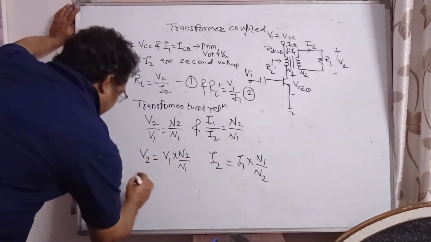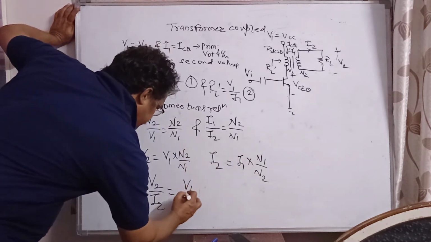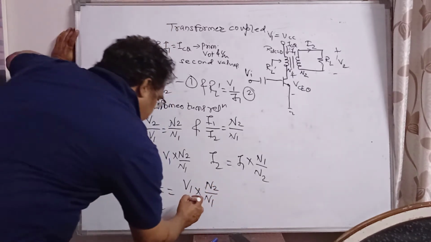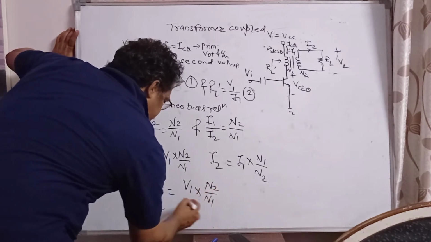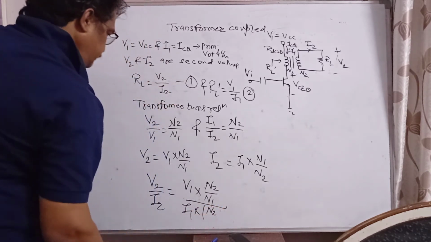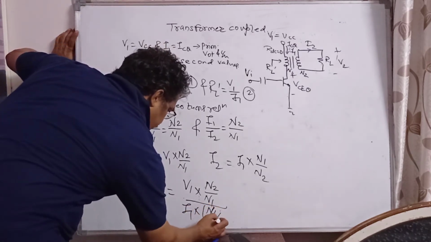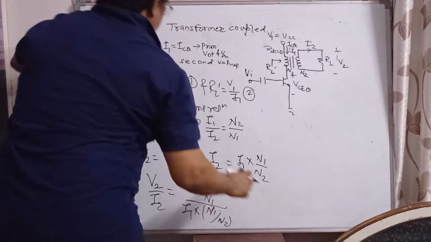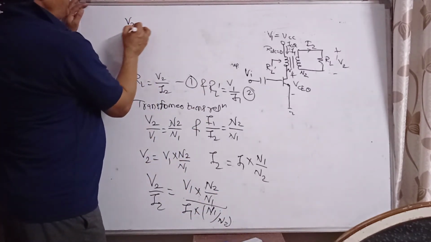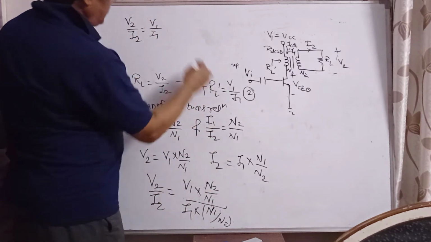So if you take the ratio V2 upon I2, this upon this, V2 upon I2 is equal to V1 upon I1.